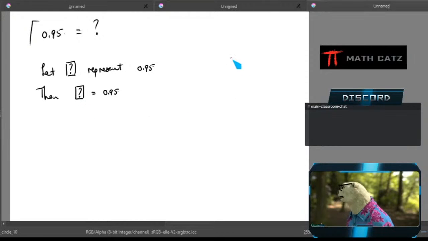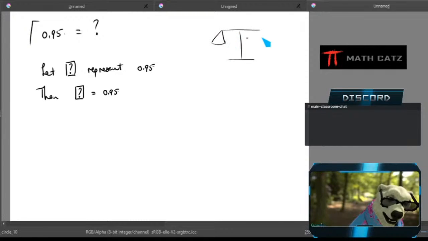Now I want to think of equations and what they really mean. They really are representing things that are in balance. So in the old days, you had these balance scales that people used to see which side has more than something else. If you put stuff on either side and it tips to that side, that side is heavier. That side has more stuff, assuming all things are equal.